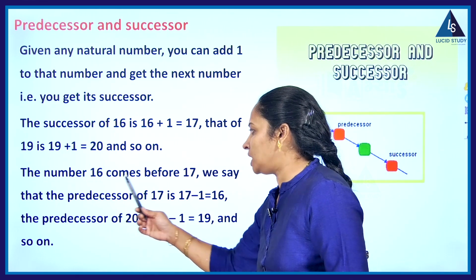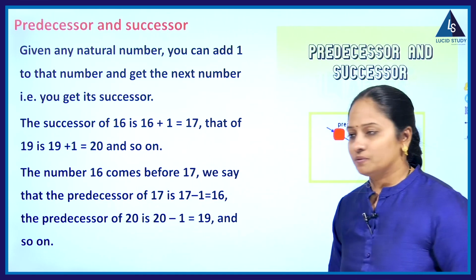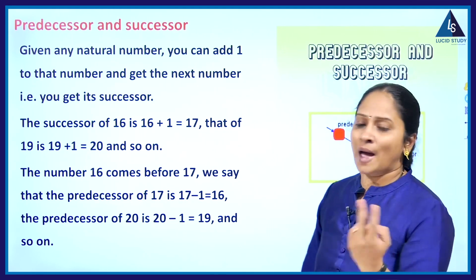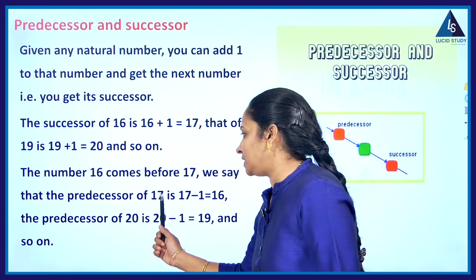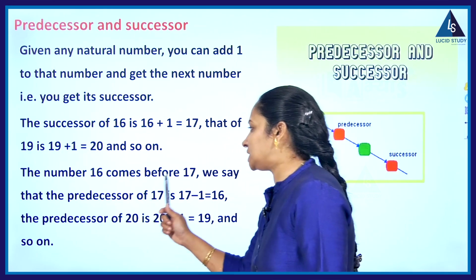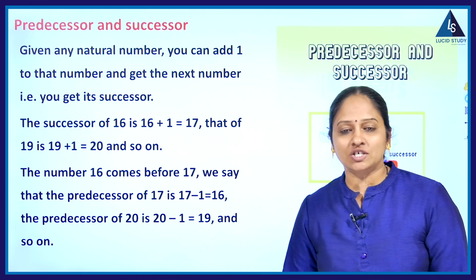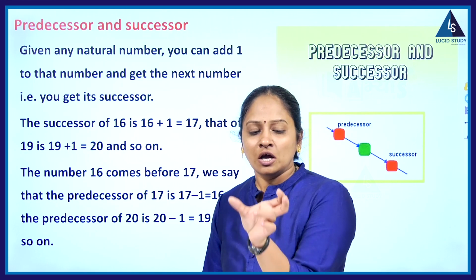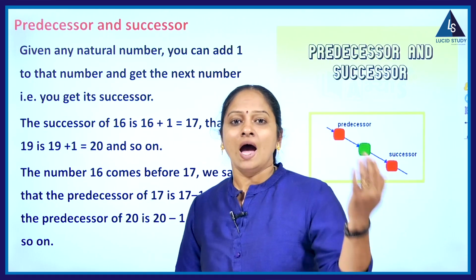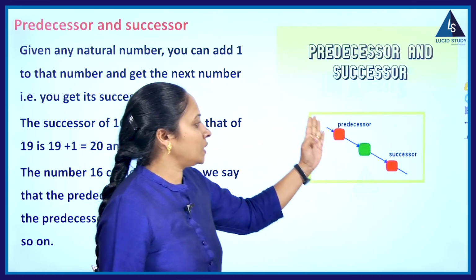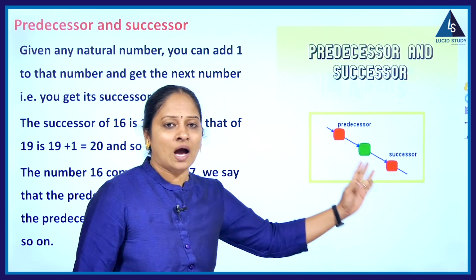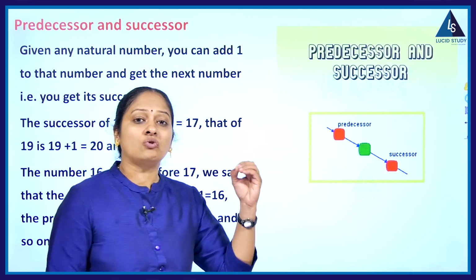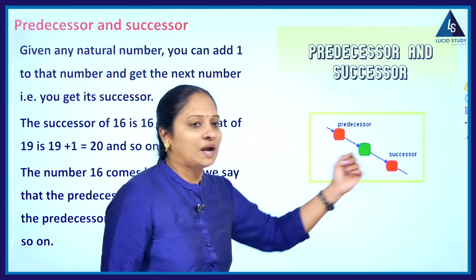So the number 16 comes before 17. In the other manner, we can say that 16 is the predecessor of 17. With respect to whichever number you are talking about, you can say its successor and predecessor. This figure gives you a clear idea how to remember a successor and a predecessor.